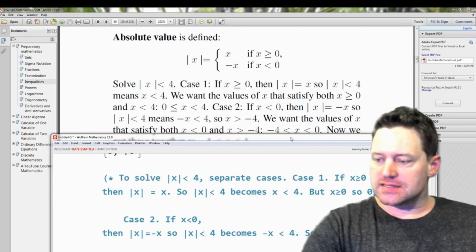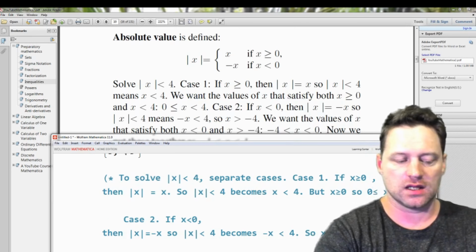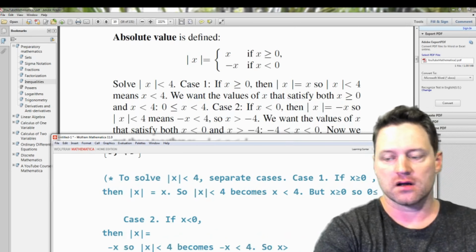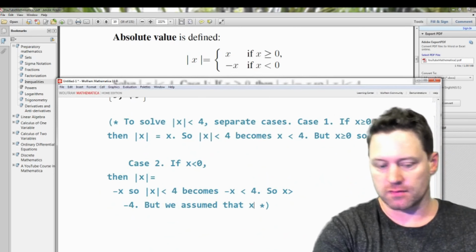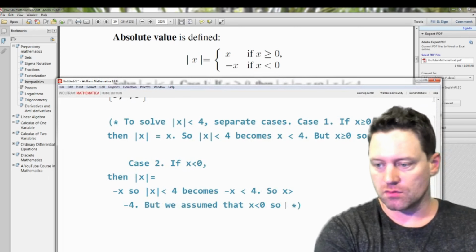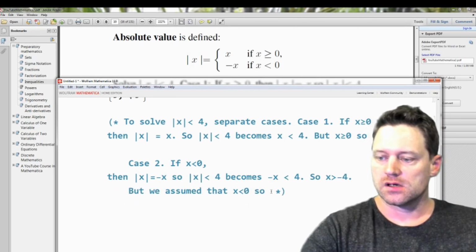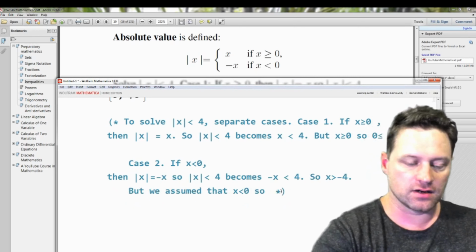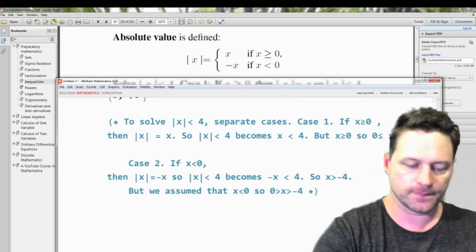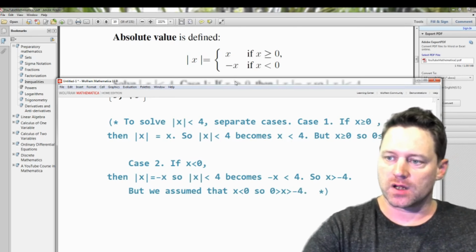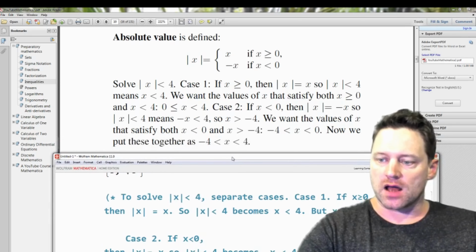But we assumed that x was negative, so we've got to combine that with our conclusion. So 0 greater than x, which is greater than minus 4. Okay, so we came to two conclusions. Now, how do we put those together?